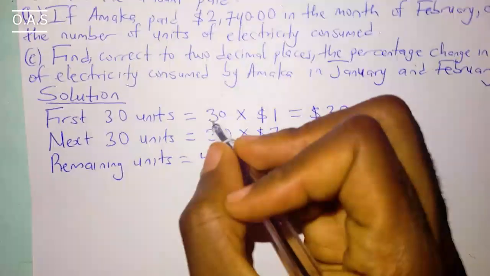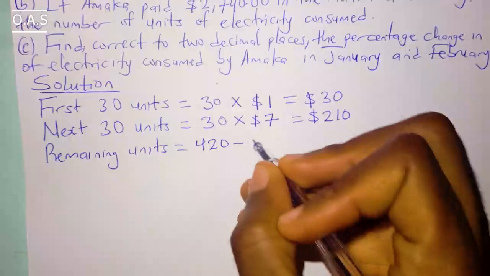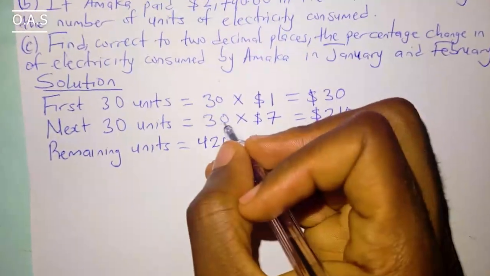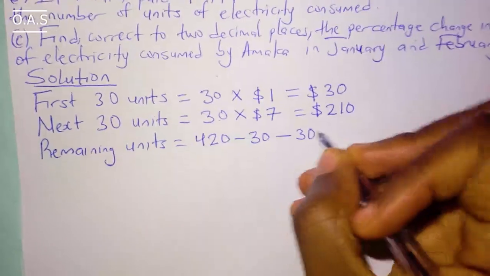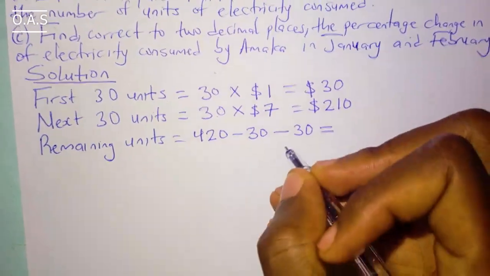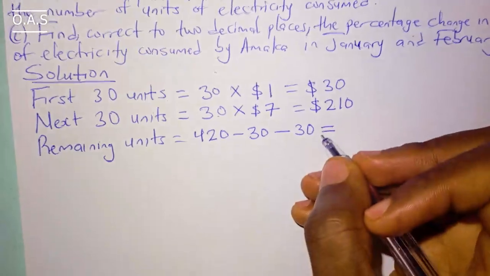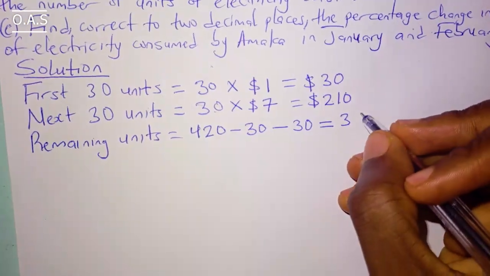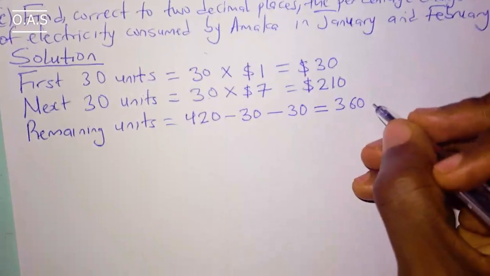We've accounted for the first 30 units, so let's remove that, minus 30. We've also accounted for the next 30 units, so we'll remove that too, minus 30. Meaning we have not accounted for 420 minus 60 units, and that's going to give us 360 units that we have not accounted for.